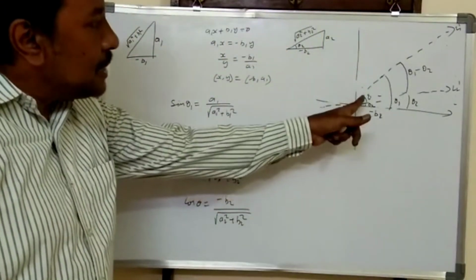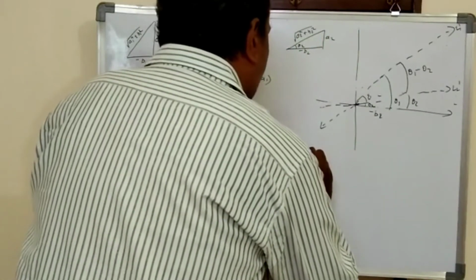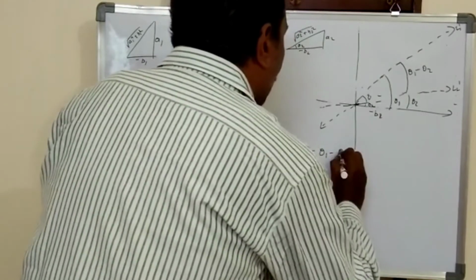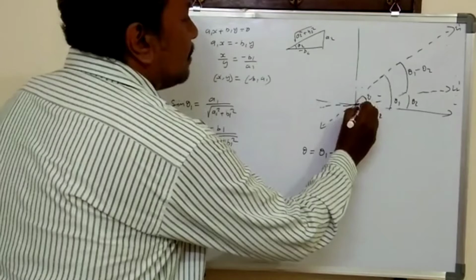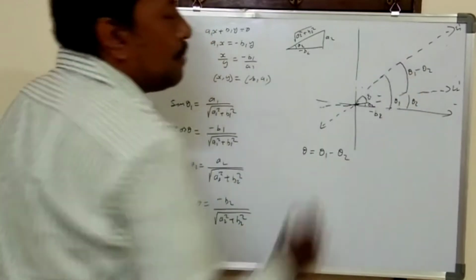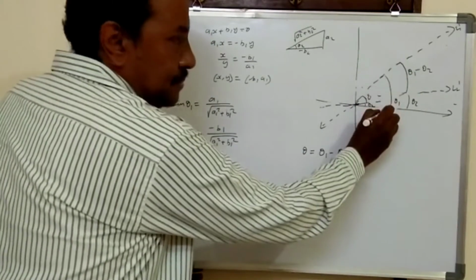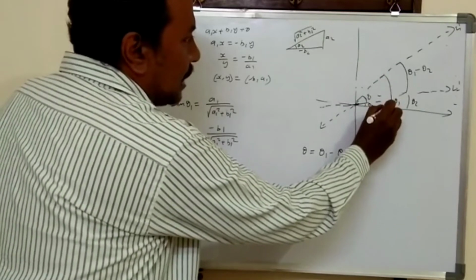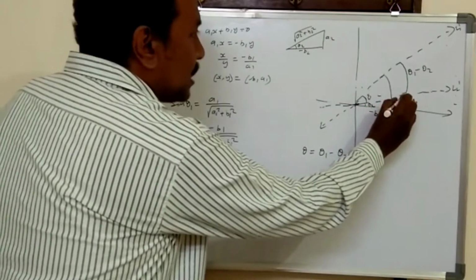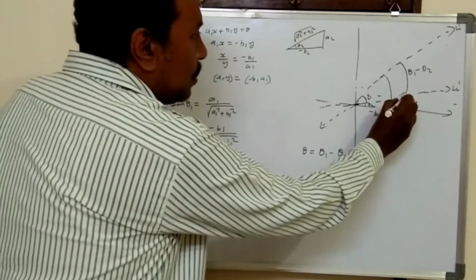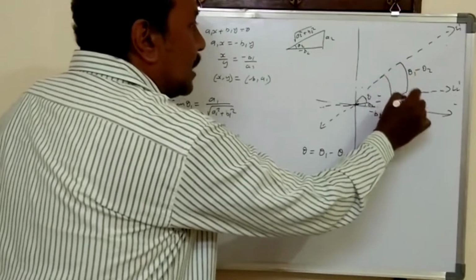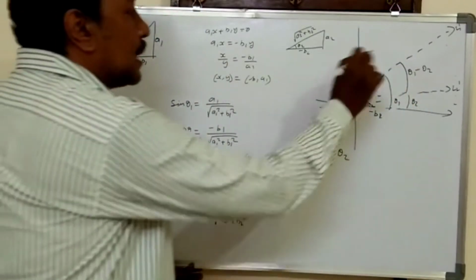That was already named as theta. From the line L1 dash to the x-axis the angle is theta 1. From the line L2 dash to the x-axis, theta 2. The angle between them is the difference of these two angles, theta 1 minus theta 2.